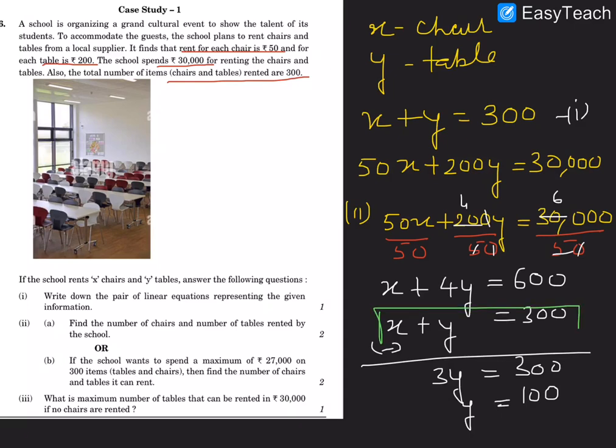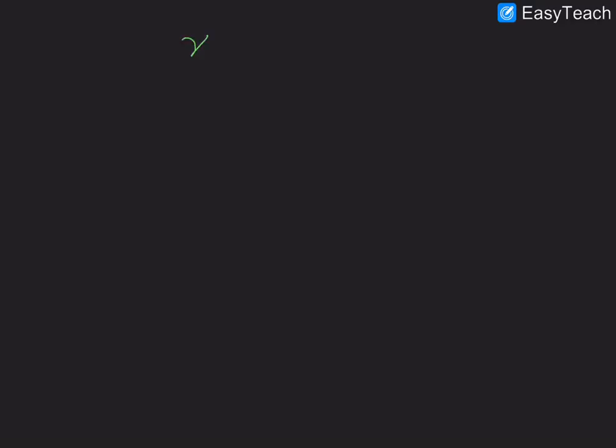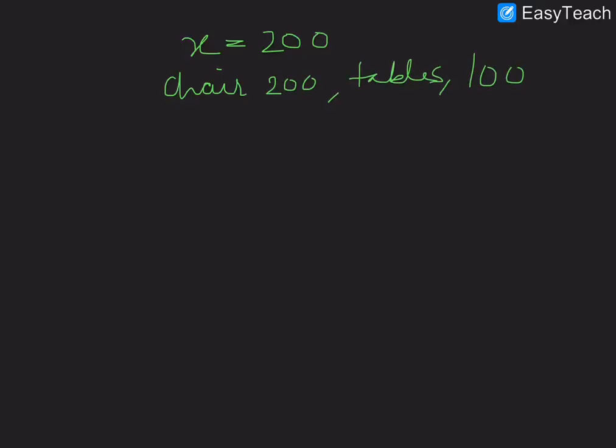By substituting y, x plus 100 is equal to 300, so x comes out to be 200. So the number of chairs is 200 and the number of tables is 100.